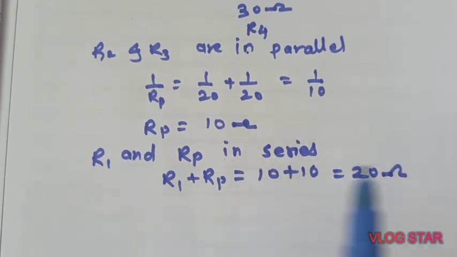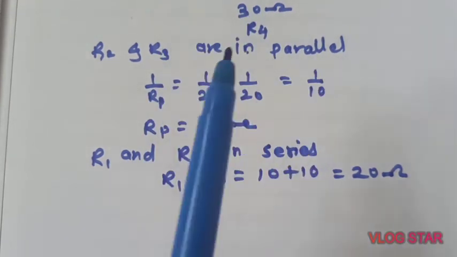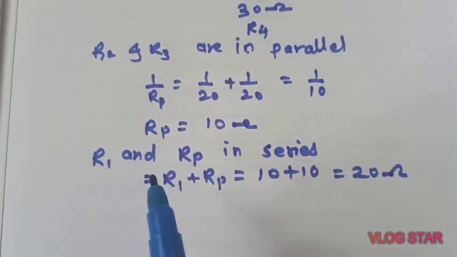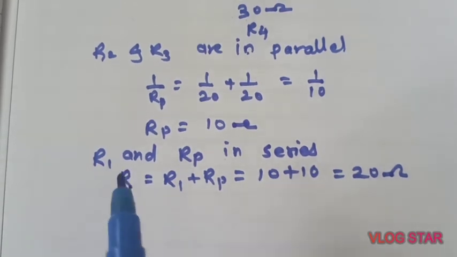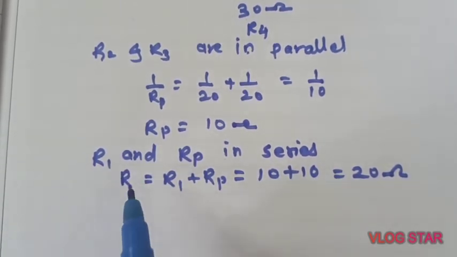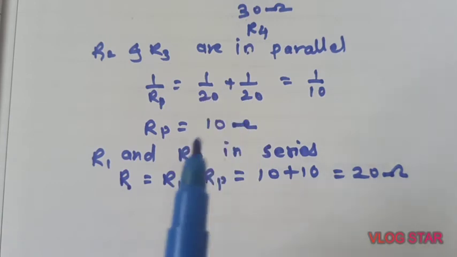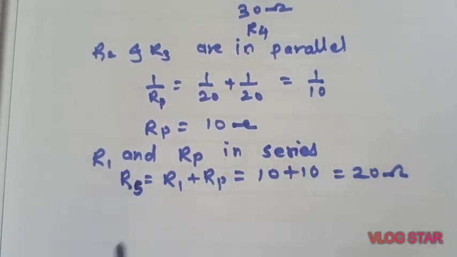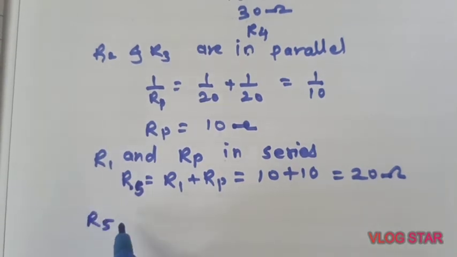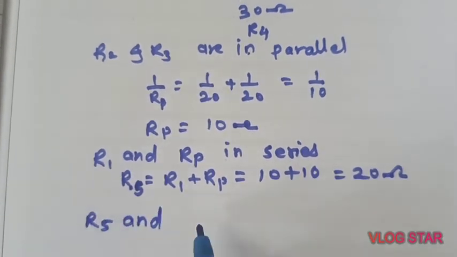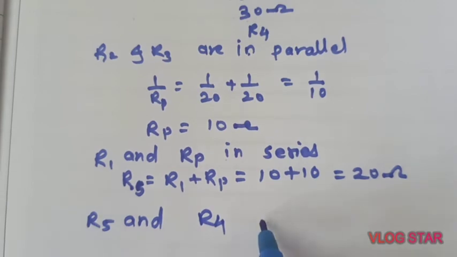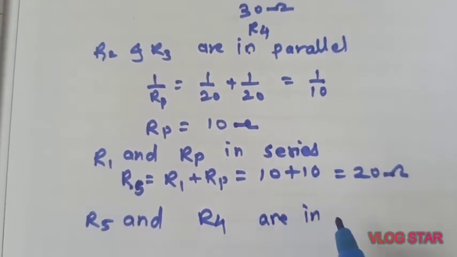Now name this 20 as some R. Next, up to 4 we have numbered, R5. So R5 is 20. R5 and R4 are in parallel.